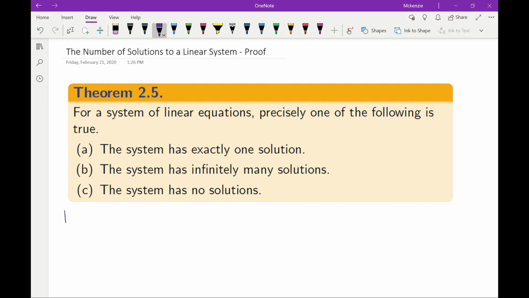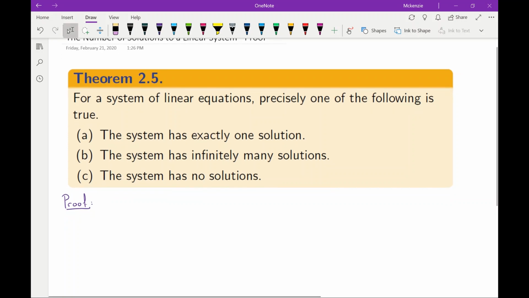Alright, so to begin the proof, we're going to want to start by making some assumptions and defining our variables. One thing that we might recall is that every linear system can be written in the form Ax equals b. Okay, so let's go ahead and define our linear system that way.